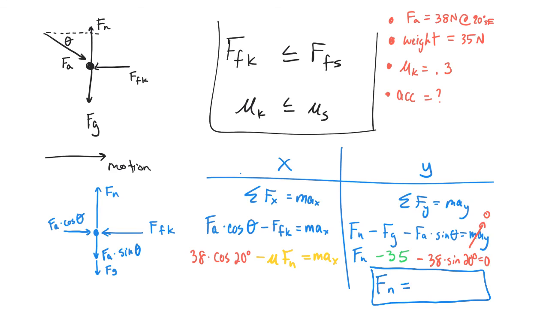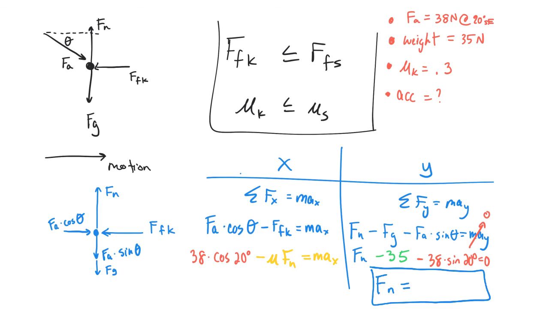But what would you be given then, in that case? If you can't plug this in, you only have this right here, right? So if the problem, instead of giving you mu as 0.3, was rewritten and said the force of friction is 20 newtons, you literally just replace this with 20 newtons.